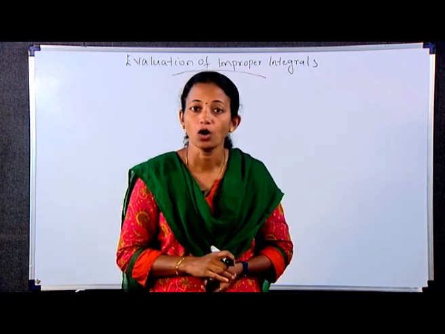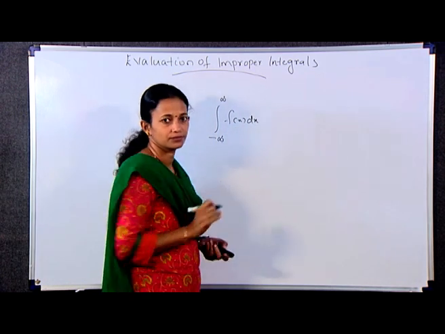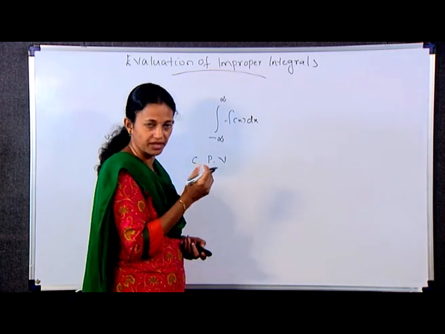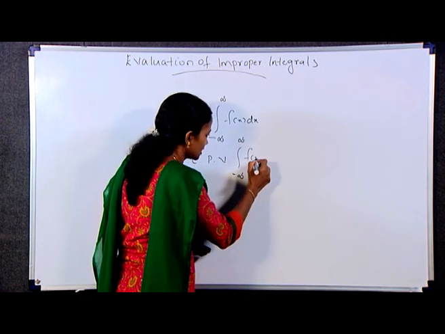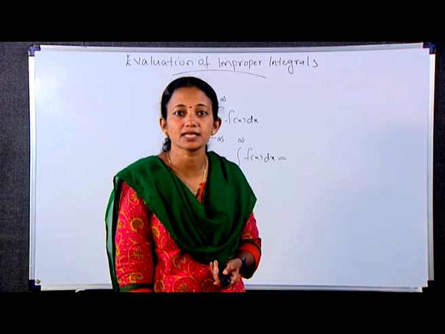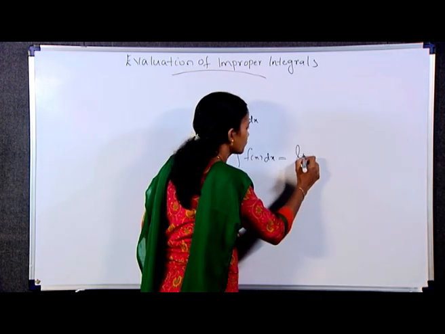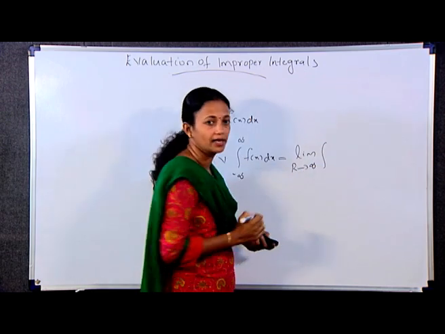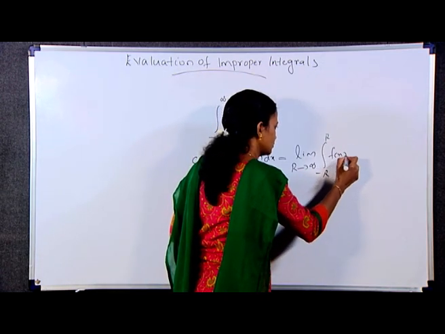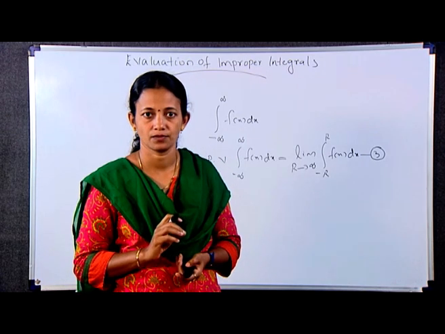The Cauchy principal value of integral from minus infinity to infinity of f(x) dx is defined to be CPV integral from minus infinity to infinity of f(x) dx equal to the limit as r tends to infinity of integral from minus r to r of f(x) dx, provided the single limit exists. Equation number 3. This single limit exists.